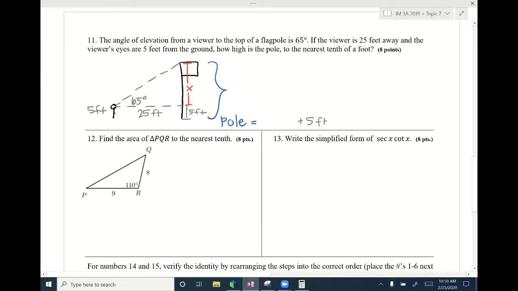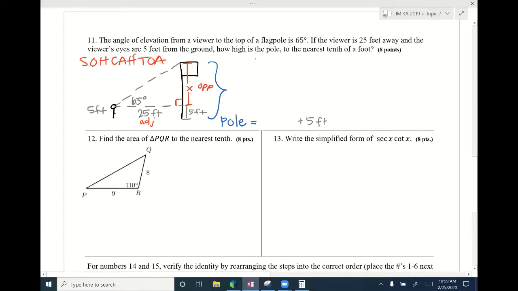Okay. So based on the triangle that I have, I'm assuming the pole is vertical. I know the angle is 65. 25 is the side adjacent to that angle, and the height I want is the side opposite. So what that tells us is that we can use the trig function tangent to solve.